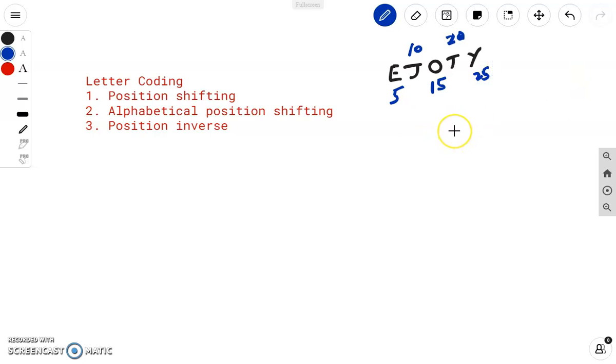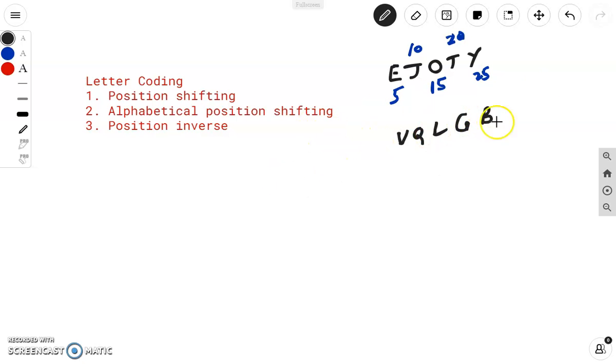And if you see the mirror reflection of the total alphabetical order, the opposite will be VQLGB. These are easy to remember.